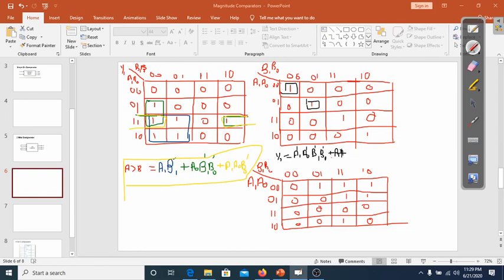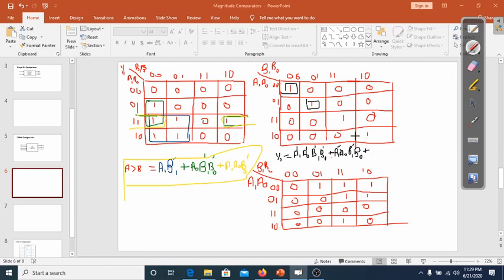Next term: A1, A naught, B1 and B naught. Here A1 is prime and B1 is prime.